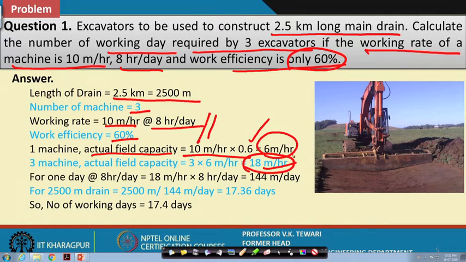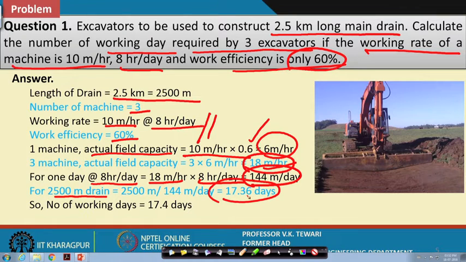But this is to understand the capacity. So, one day at the rate of 8 hours per day, this into 8 hours is about 144 meter per day. And then for a drain of 2500 meters, it will take about 17.36 days.